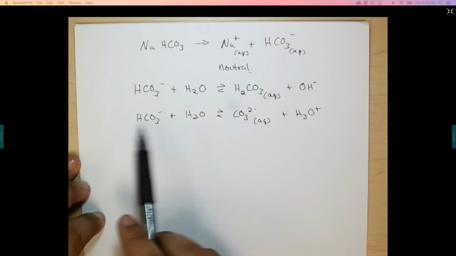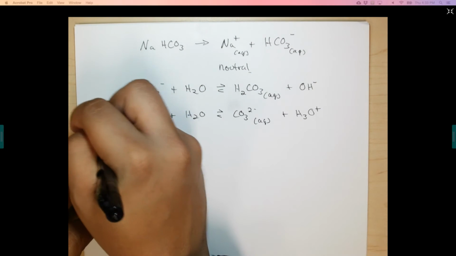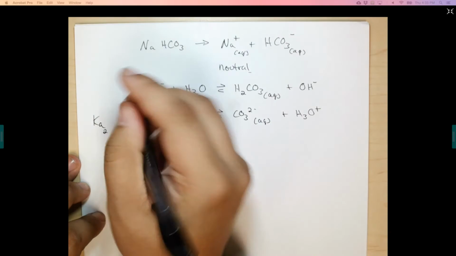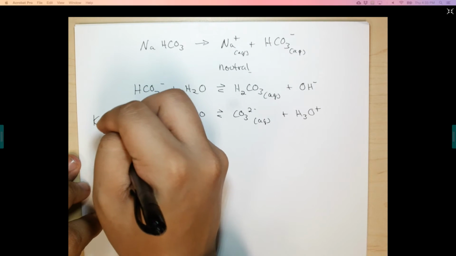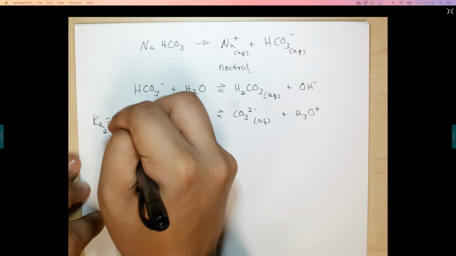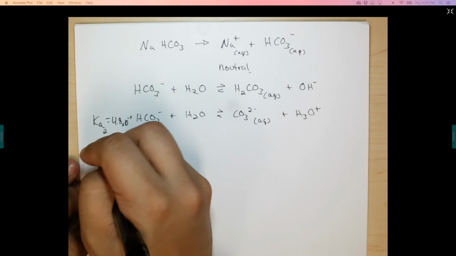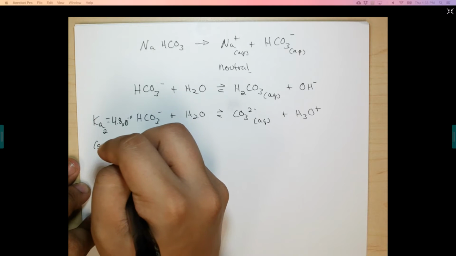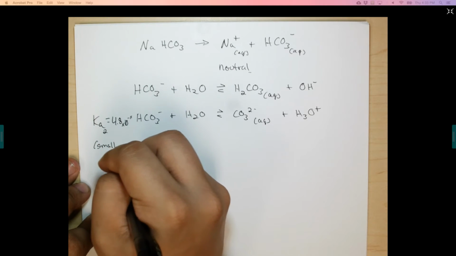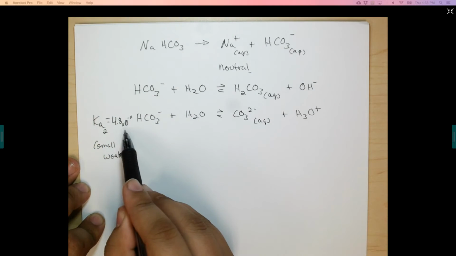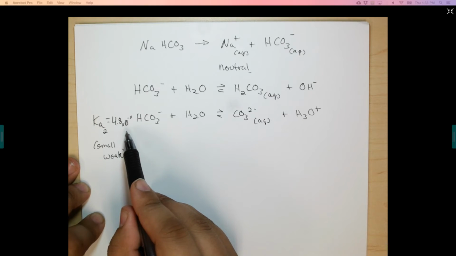This is called Ka2, and they tell us it is equal to 4.8 times 10 to the negative 11, which is relatively small, which means we're dealing with a weak situation.